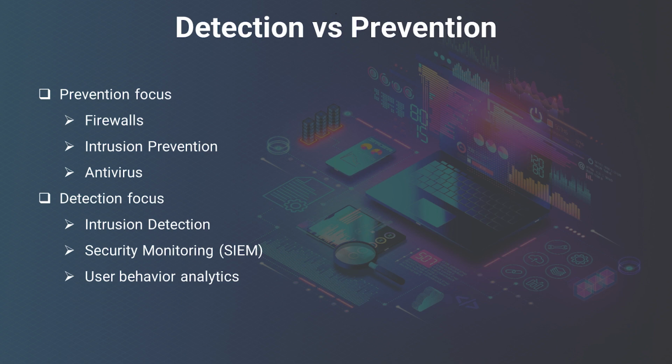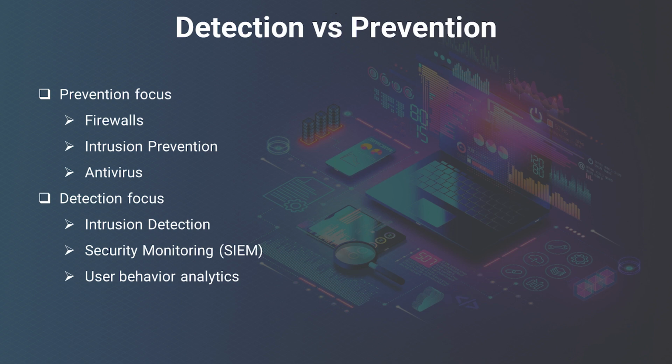So there are measures that can include implementing security policies and procedures, and then using security technologies like firewalls and antivirus software and educating employees on best practices. Prevention is critical because it reduces the likelihood of a successful attack and helps organizations to proactively protect their assets.